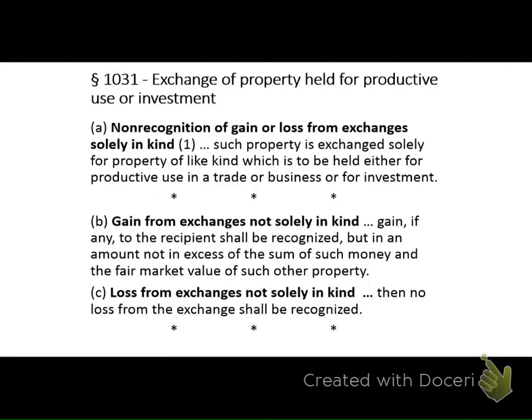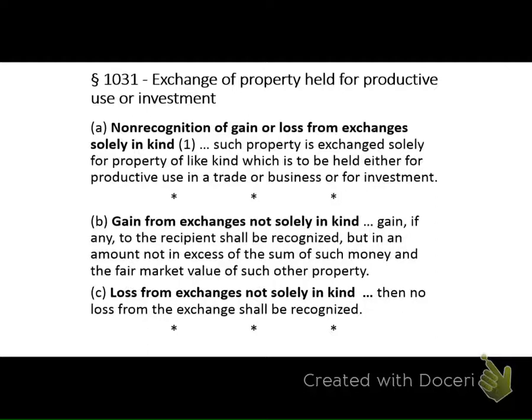So if an exchange is not solely in kind, that means that if two parties exchange property and the property is like-kind property, but one of the parties or both of the parties tosses in something extra, the exchange is not solely in kind. Oftentimes, if you have like-kind property, the like-kind property might not be worth the same amount.